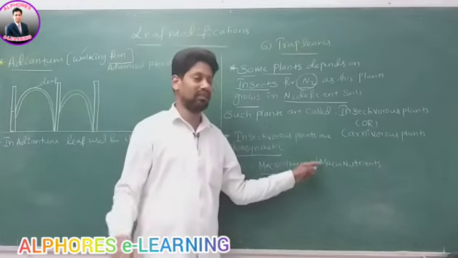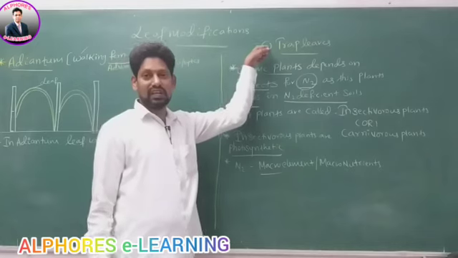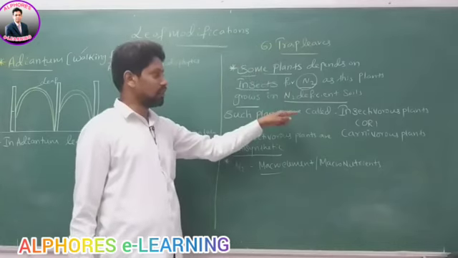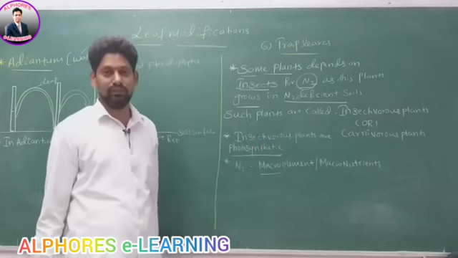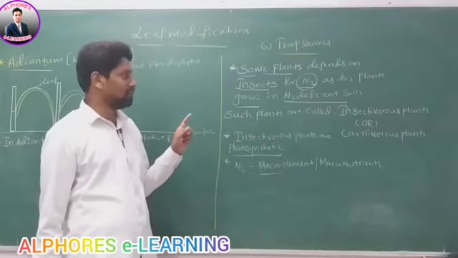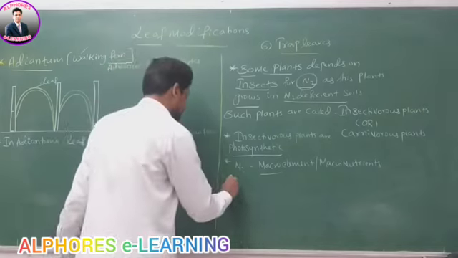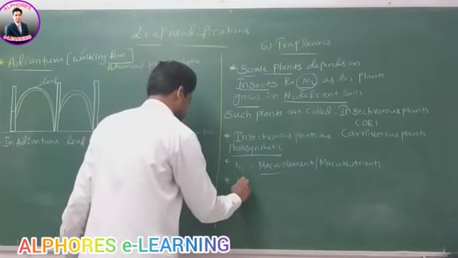We are discussing trap leaves. What are these plants called? Insectivorous plants or carnivorous plants. What are the examples for these insectivorous plants?